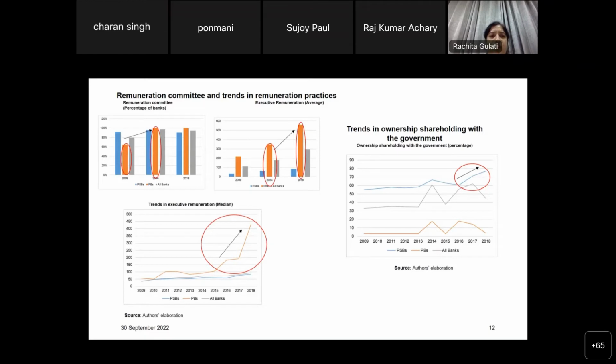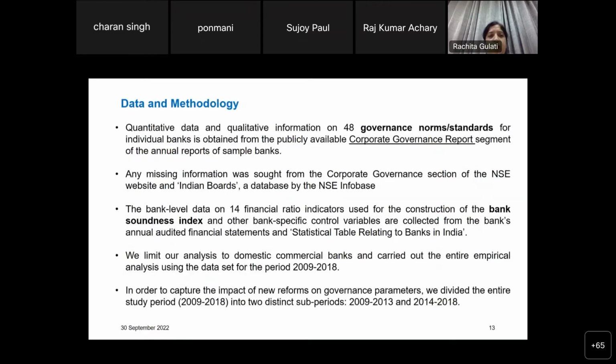For conducting the study, we collected qualitative and quantitative data on the 48 governance norms for the individual banks. The data has been collected from publicly available information in the corporate governance report segment of the annual reports of the sample banks. The reports were read cautiously, and the data was collected laboriously for all the different governance norms and the compliance by the banks on the different governance standards.